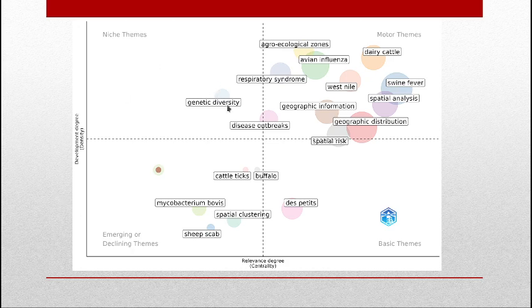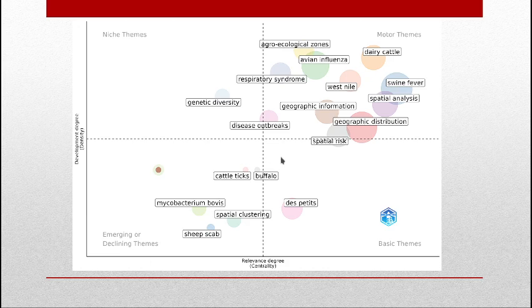If I look at a certain term like Mycobacterium bovis, if it is studied with many other terms, it will go into basic themes and then it can move toward the motor themes. If it has been studied and then was not further investigated for some reason, it may come down and will explode with the passage of time.